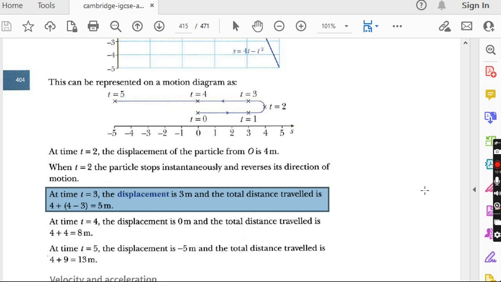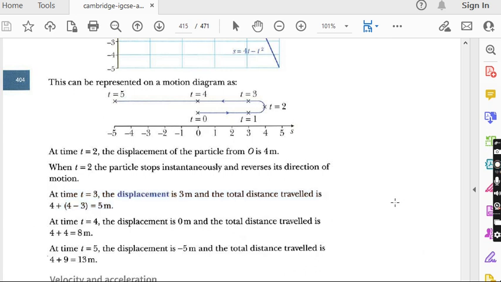At t = 4, the displacement is 0, obviously, because it reaches the initial point. But the total distance at t = 4 is 4 plus 4 meters, because from 0 to t = 2, the displacement is 4.